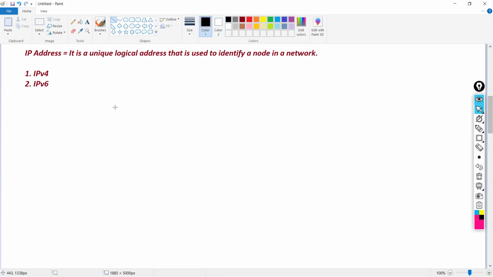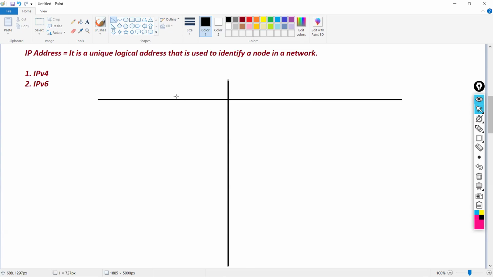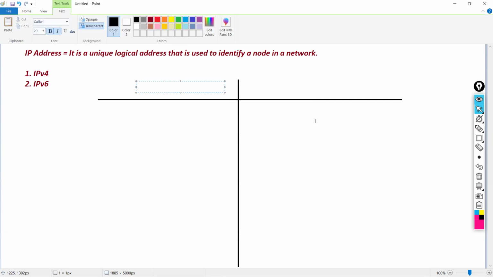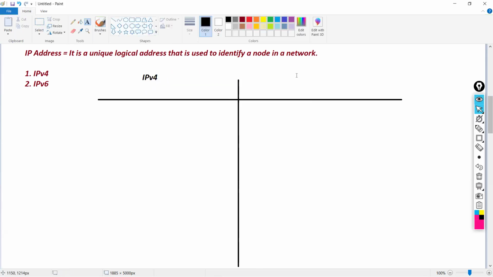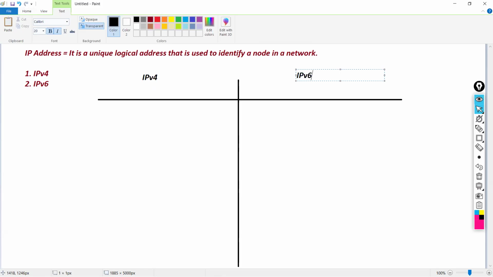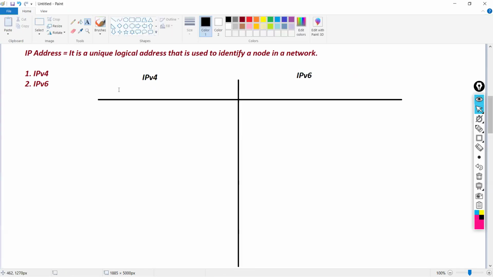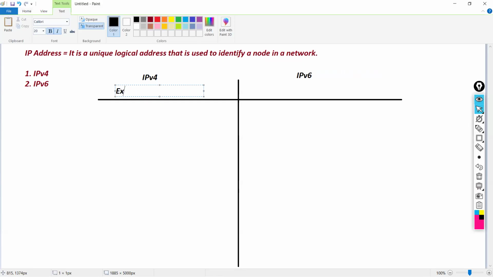Now let's differentiate between v4 and v6. So this one is IPv4, and this is IPv6. Let me write down one example.